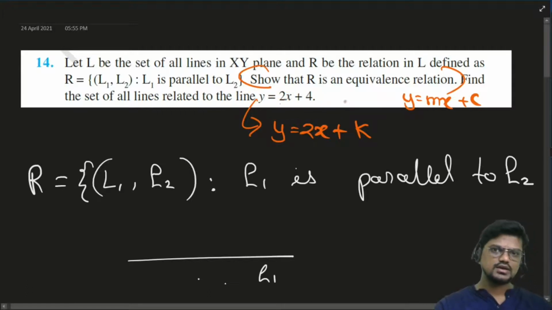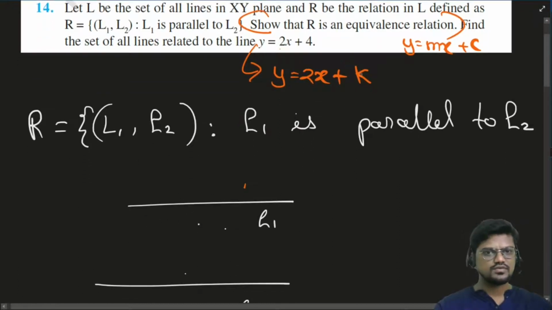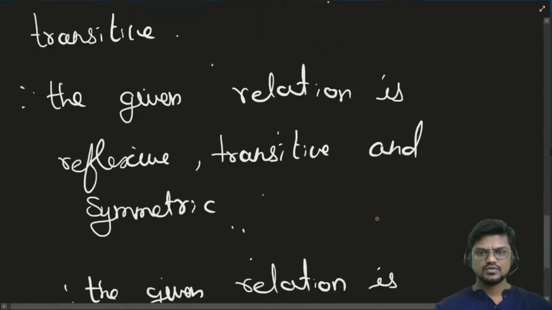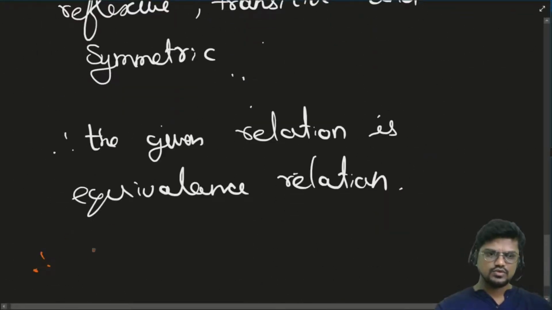So to find the set of all lines, it will be a relation where the constant is replaced with k instead of a number constant, right?